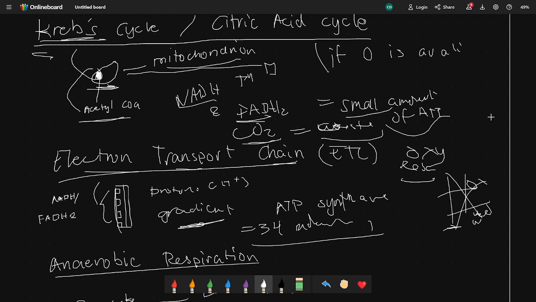So in the ETC we get around 34 molecules of ATP, and because we need oxygen, O2 becomes H2O on the product side.